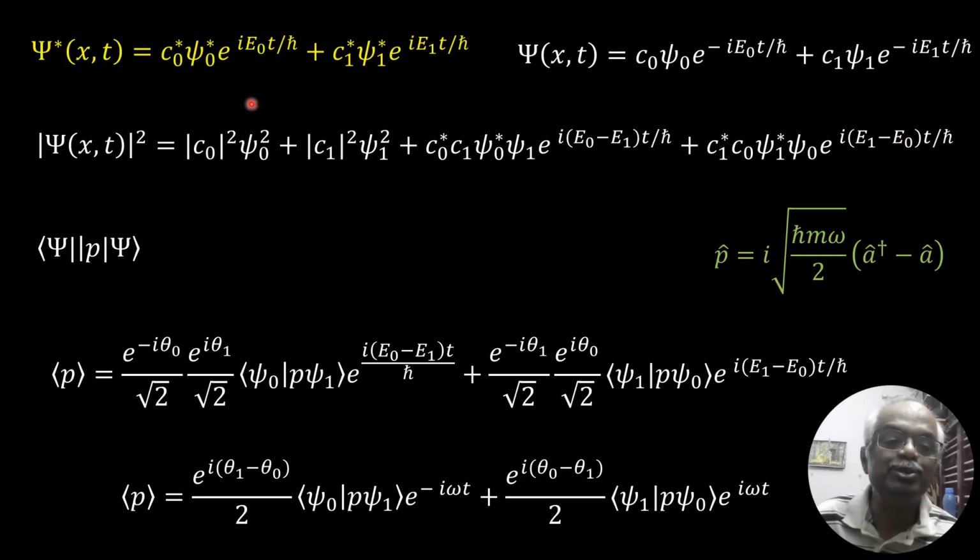In the first two terms, the exponential gets cancelled because one is plus and the other is minus. With that, we will move further.